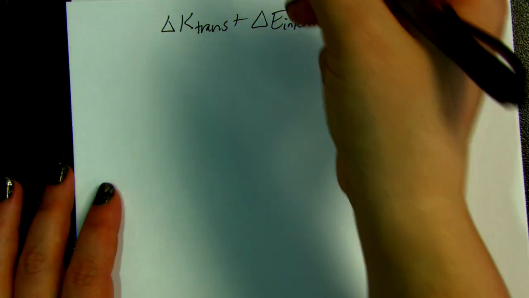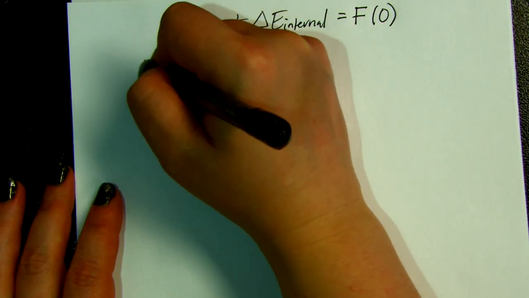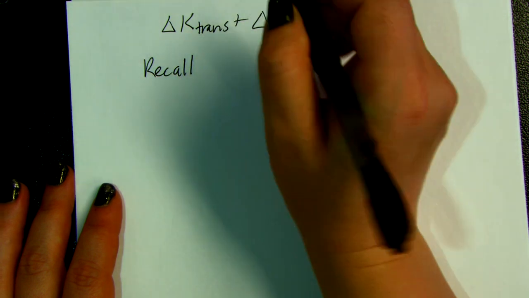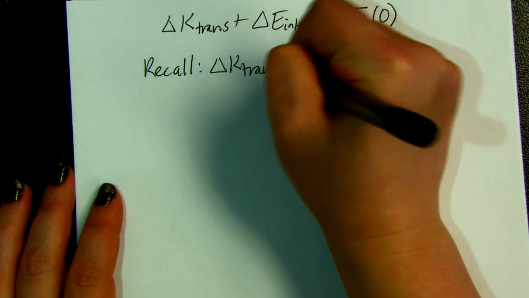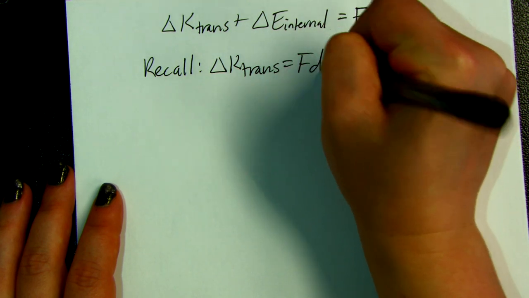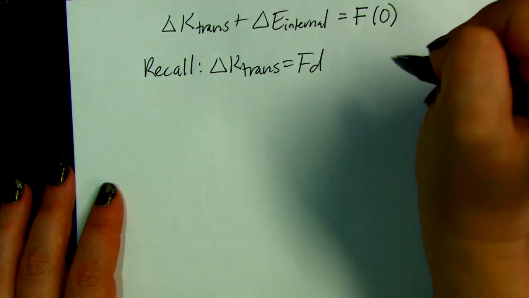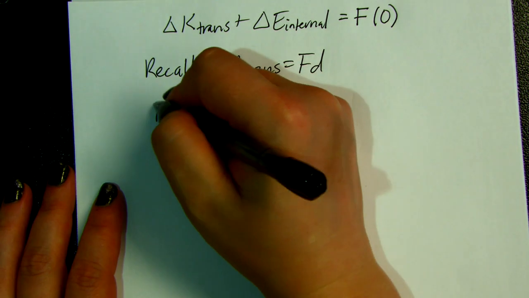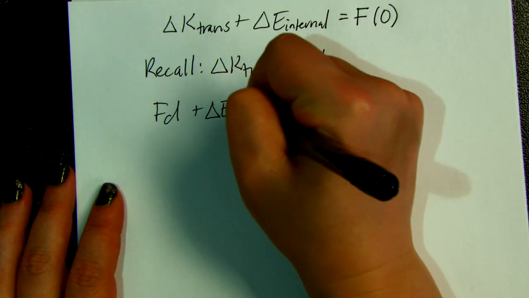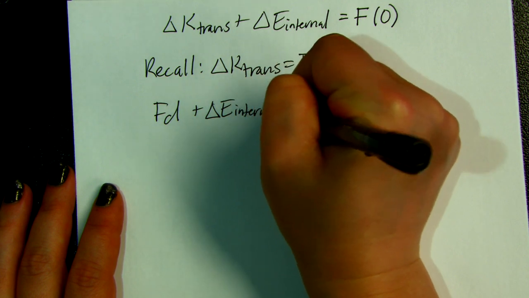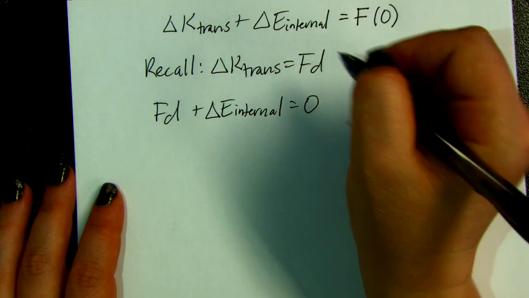Okay, so we know from our previous point particle model that the change of translational kinetic energy is equal to the force times the distance that that center of mass moves over this interaction. So we have FD plus delta E internal is equal to 0.